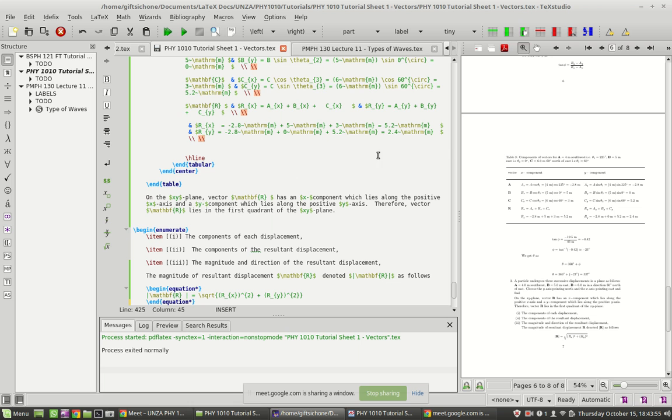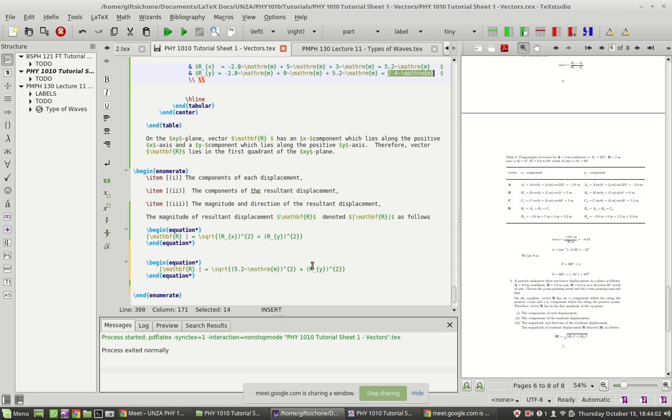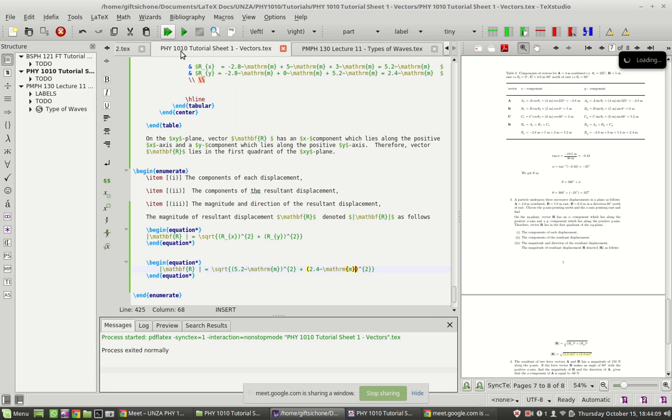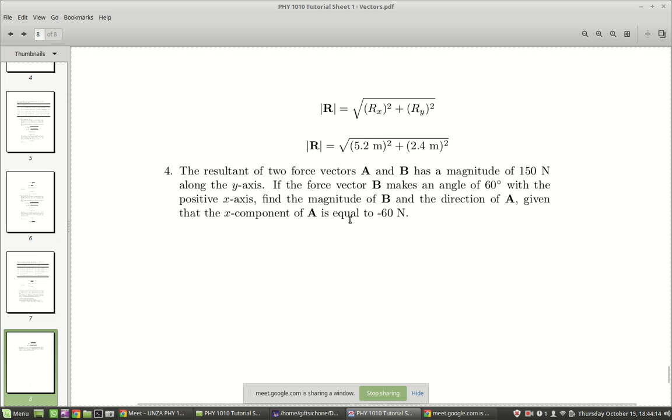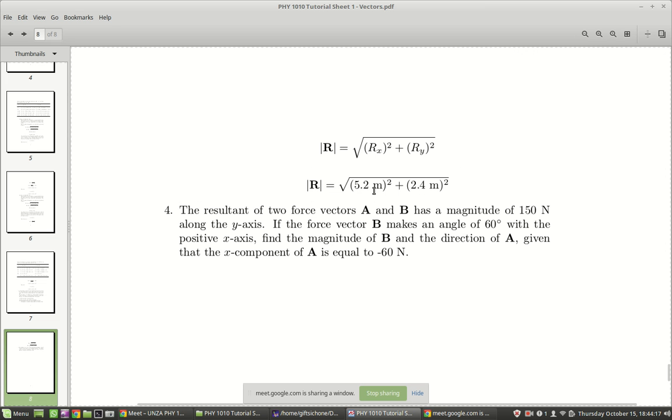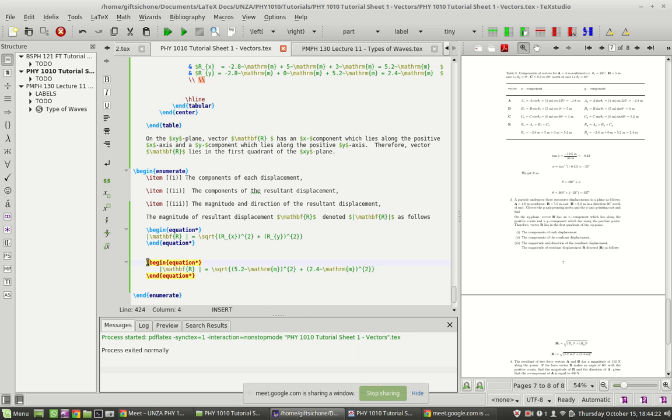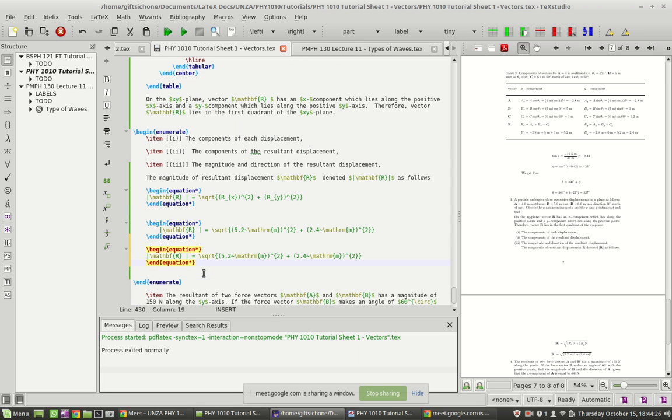And how much is Ry? 2.4. So we have 5.2 squared plus 2.4 squared, and then we square root that. What do you get? Use the calculator. Give me the final answer. 5.7.